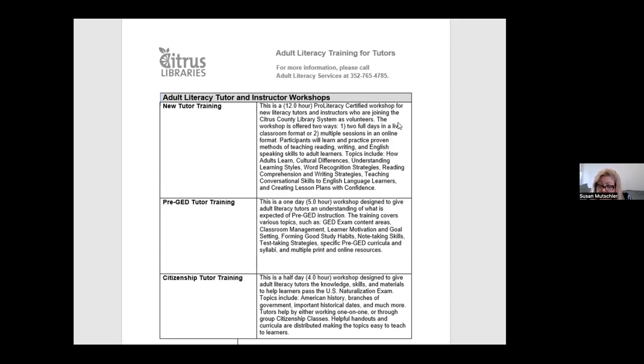They've taught citizenship for a long time and they're comfortable with it, so that's working for them. And I don't think we have any GED tutors that haven't said they're comfortable tutoring GED. So we haven't had sufficient demand to have extra training for that, although it's probably an excellent idea if we're able to expand our literacy services.